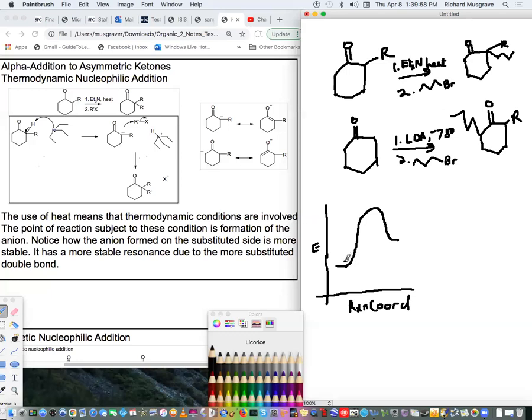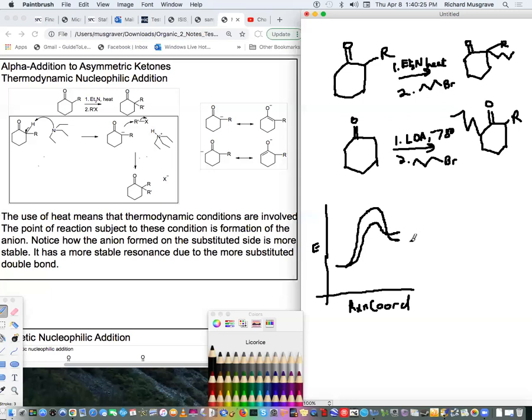Let's see, so this will be the higher activation energy. This one is the lower activation energy. So it's that same kind of situation as we were dealing with.